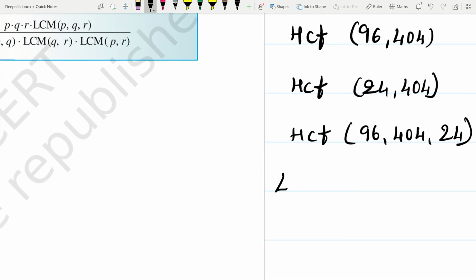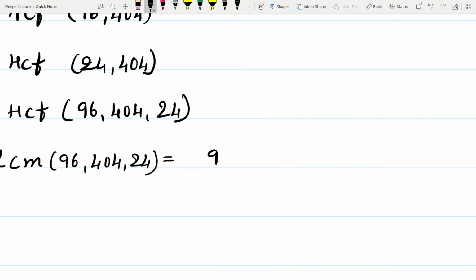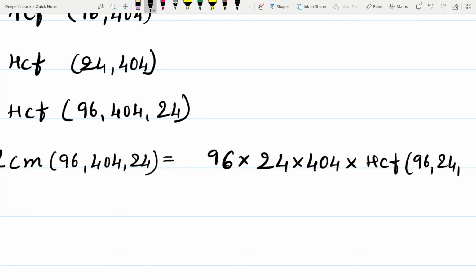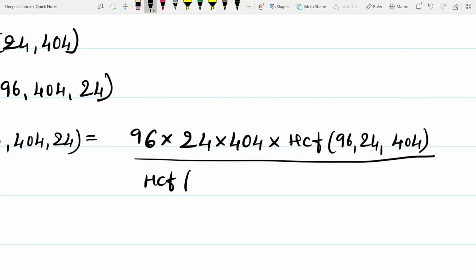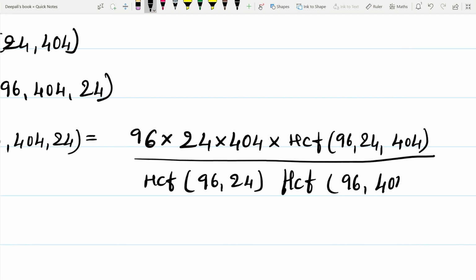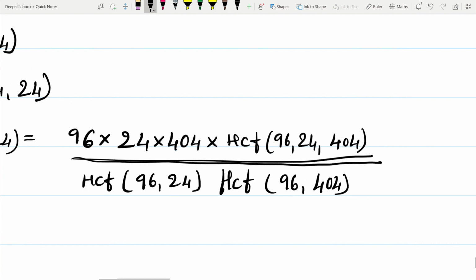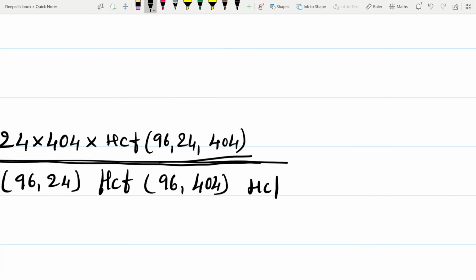So that is, LCM of 96, 404 and 24 will be 96 into 24 into 404 into HCF of 96, 24 and 404, divided by HCF of 96 and 24, HCF of 96 and 404, and HCF of 24 and 404.